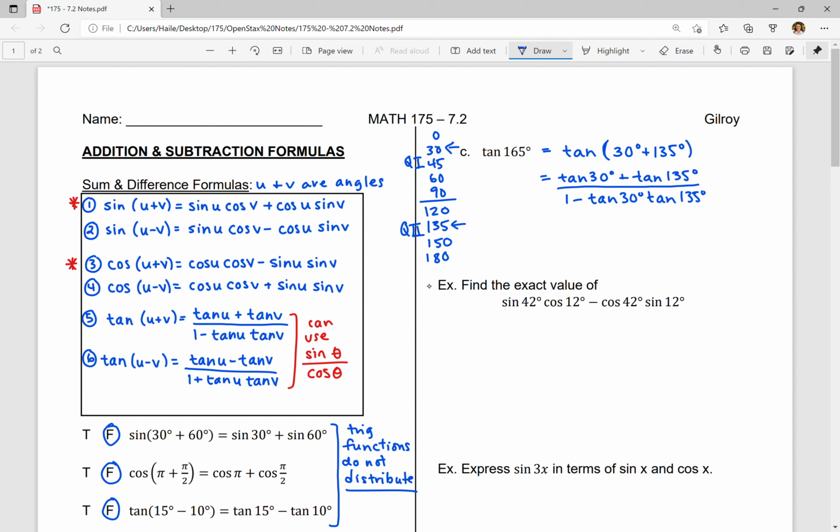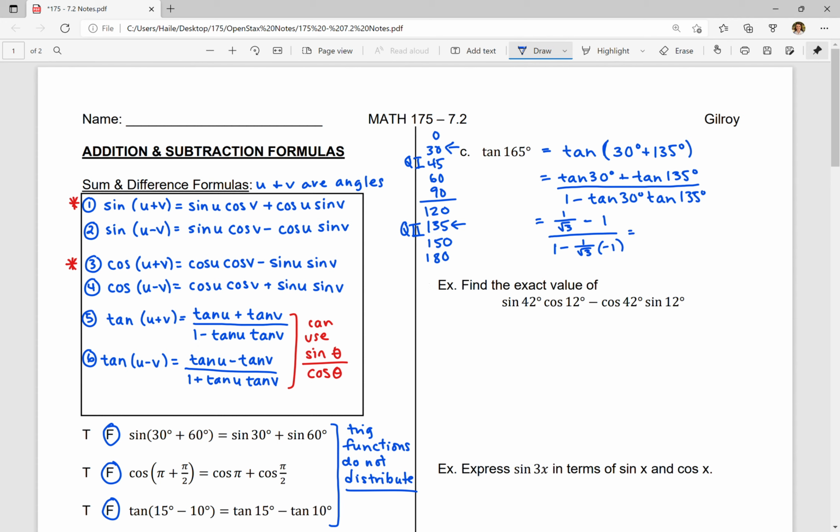Okay, so let's plug in our values for tangent. The tangent of 30 is 1 divided by the square root of 3. The tangent of 135 is negative 1, so we're going to put a minus 1. And then on the bottom, we get 1 minus 1 over the square root of 3 times negative 1.